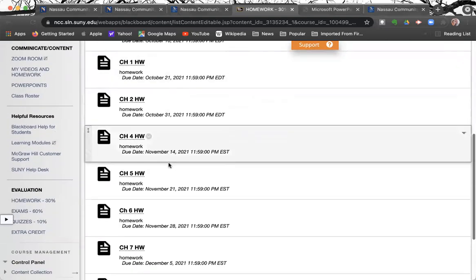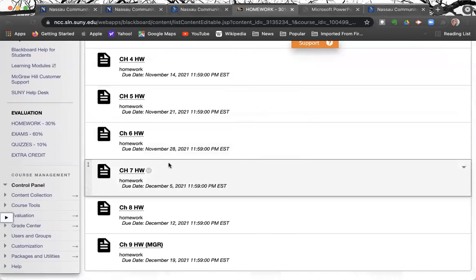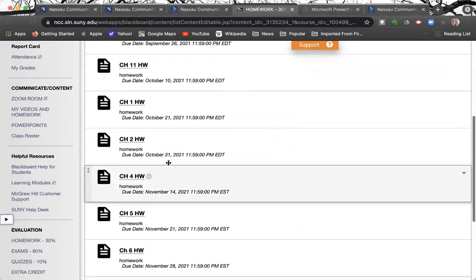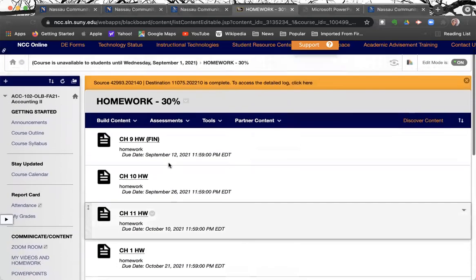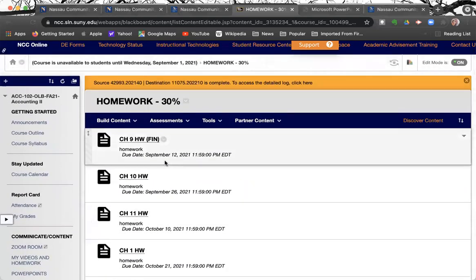And as time goes by, we pick up pace and we start to go much faster. But each assignment has a due date. So just pay attention to those due dates. They're on this calendar tab, but I would write these dates down. I would write them in my calendar. I would pay very close attention to the dates, because remember, once the date is passed and you've missed the assignment, you get a grade of 0 for that assignment.